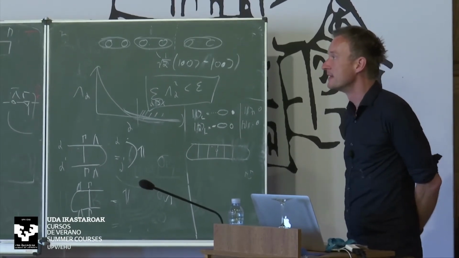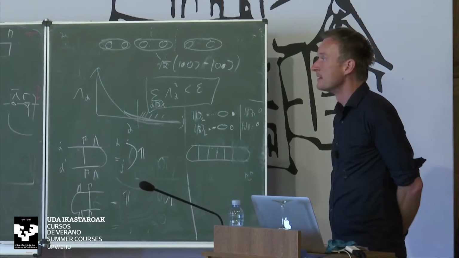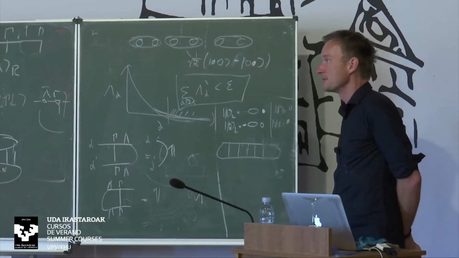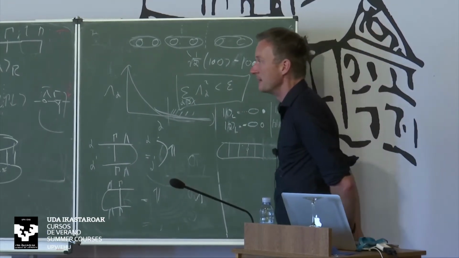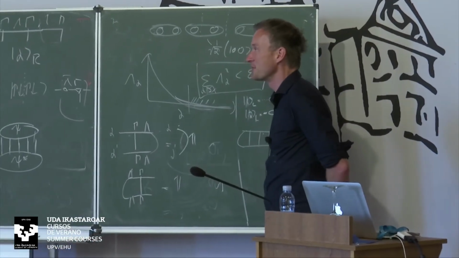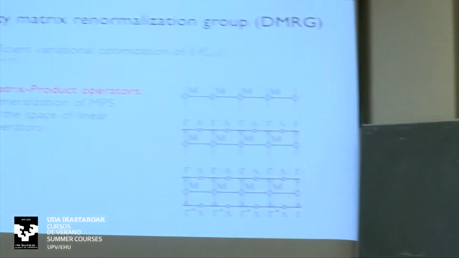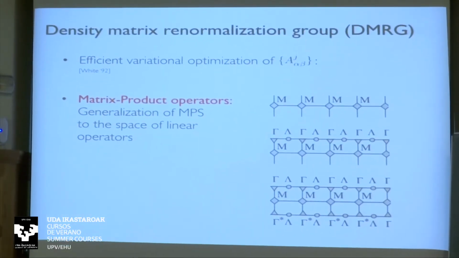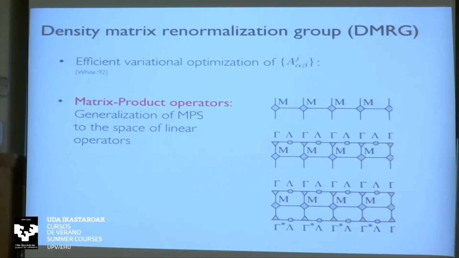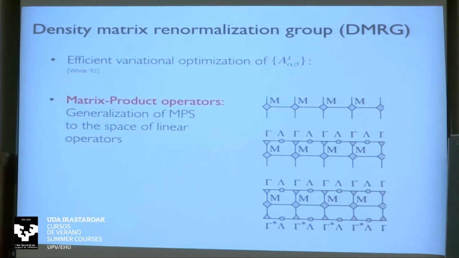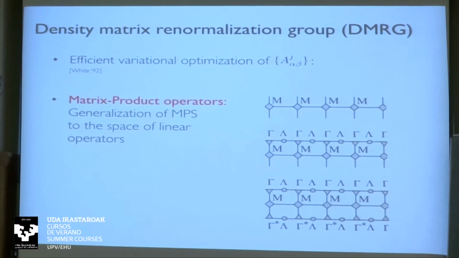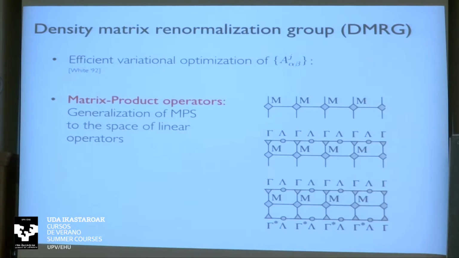Let me now come to a second algorithm that I briefly want to introduce, the so-called density matrix renormalization group. This algorithm has a number of advantages. First of all, it's significantly faster than the TEBD algorithm in finding ground states.